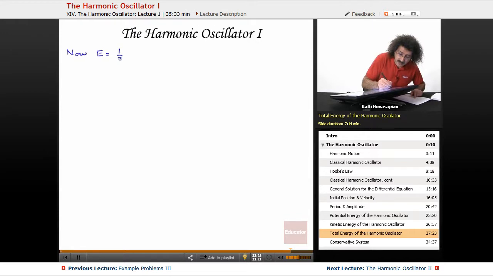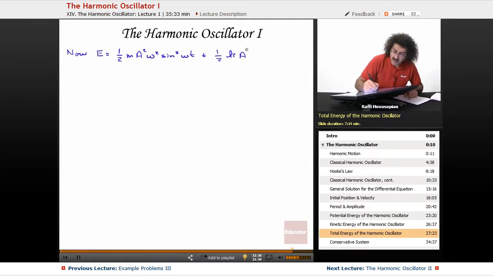Sorry about that. So we've got 1/2 m A squared omega squared sine squared omega t plus 1/2 K A squared cosine squared omega t.